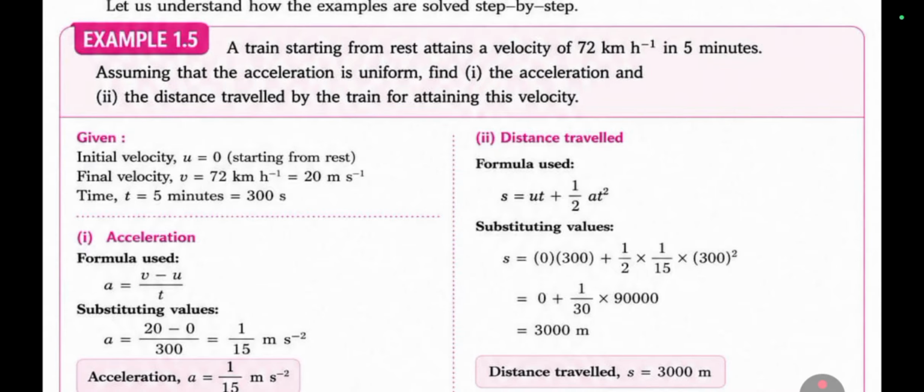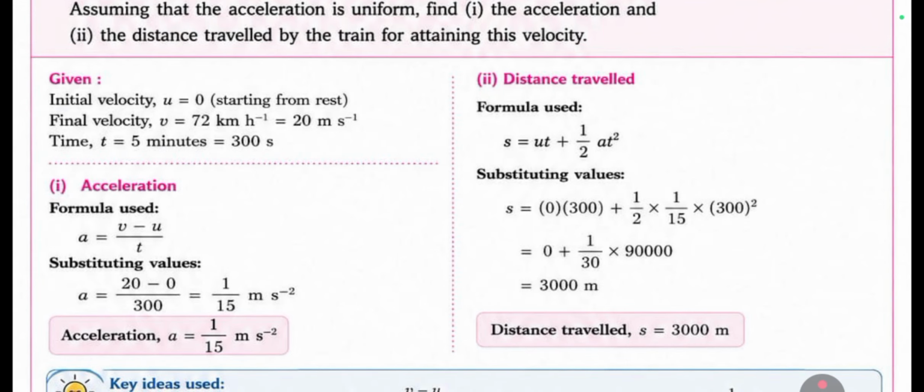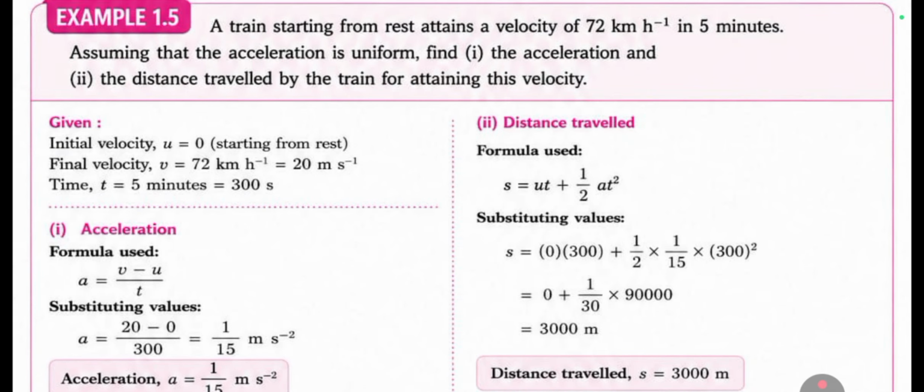Given: the train starts from rest, so initial velocity u is equal to 0 meter per second. Final velocity v is 72 kilometer per hour, which changed into meter per second is 20 meter per second. Time t is 5 minutes, which changed into seconds is 5 into 60, 300 seconds.